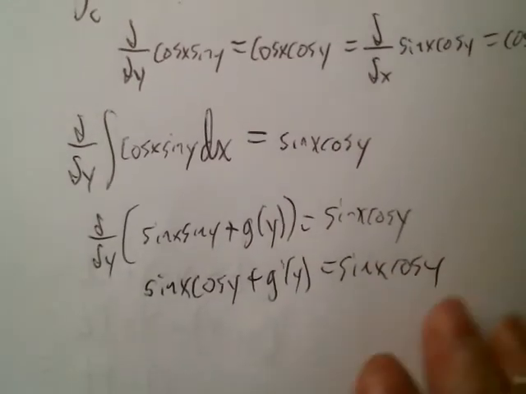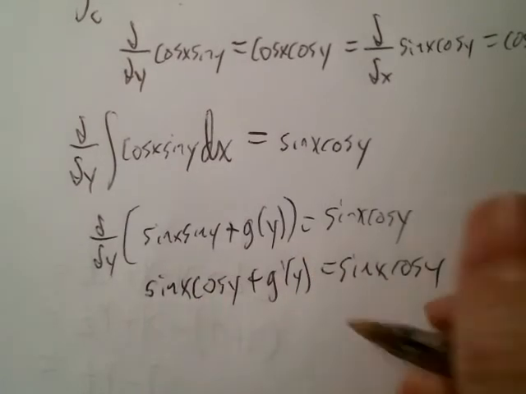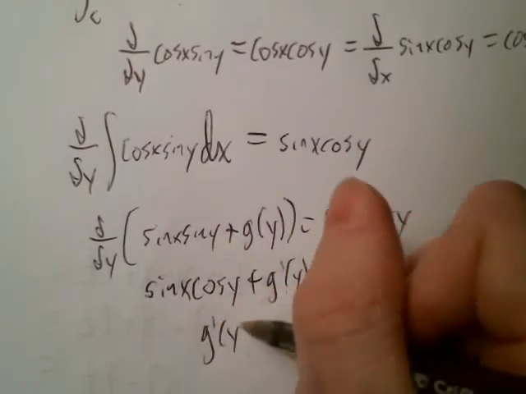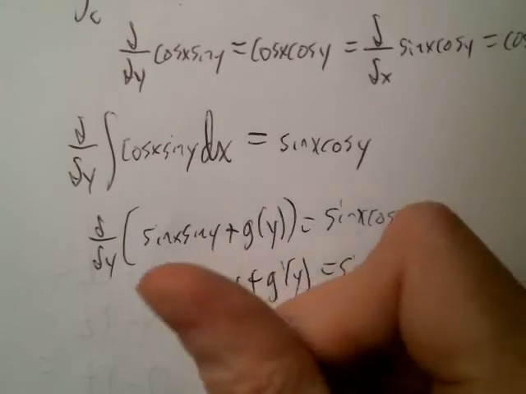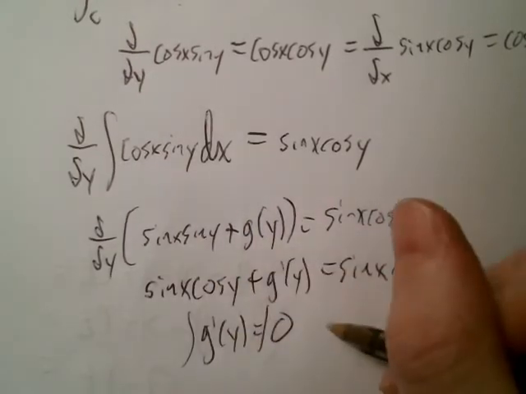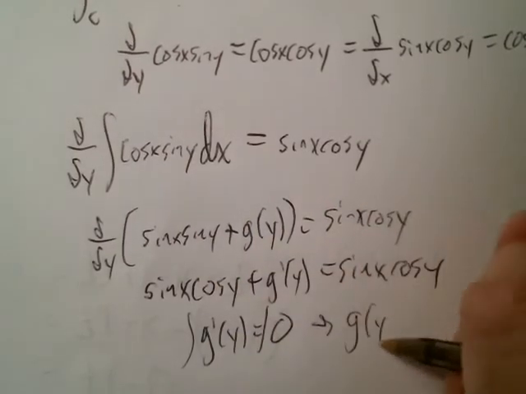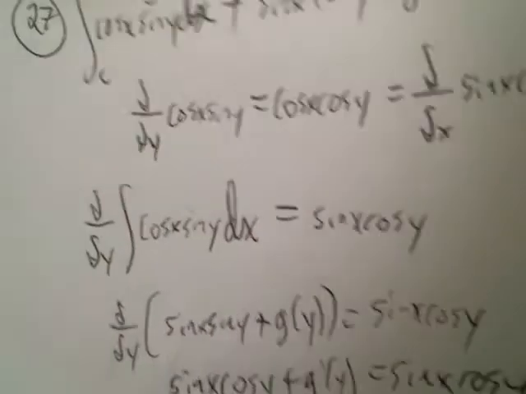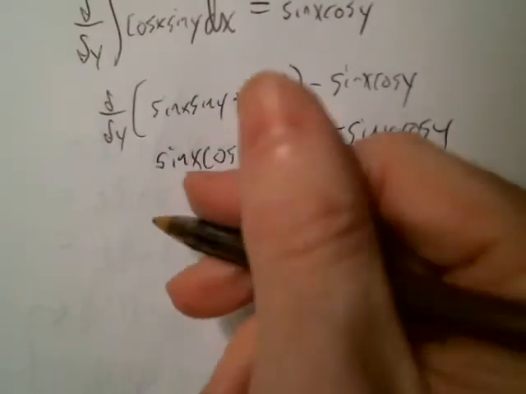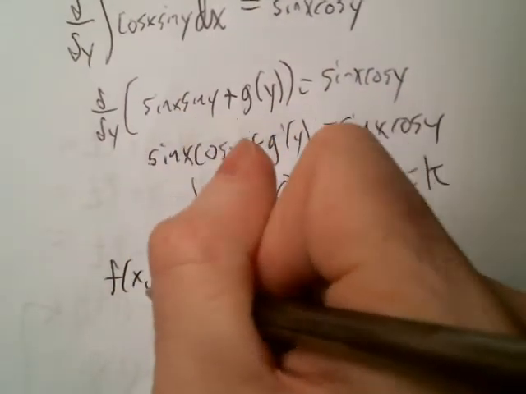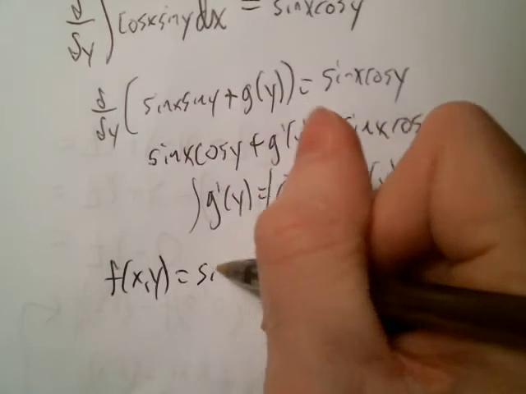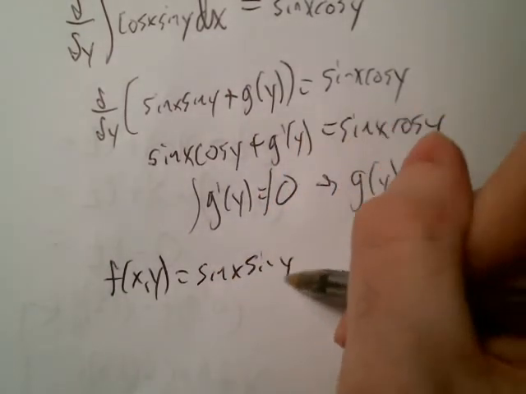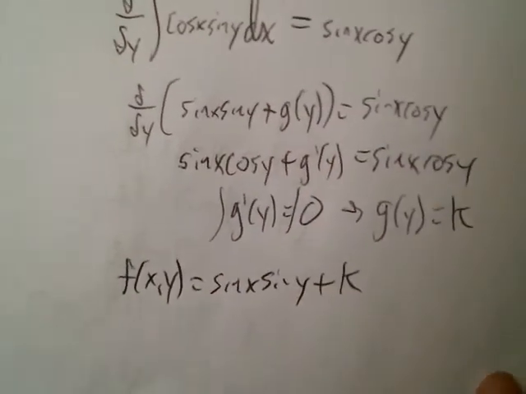And then move this over and set, you get g prime of y is equal to 0. So integrate both sides, and you get g of y is equal to some constant k. So therefore, our potential function is just going to be f of x comma y equals sine x sine y plus a constant.